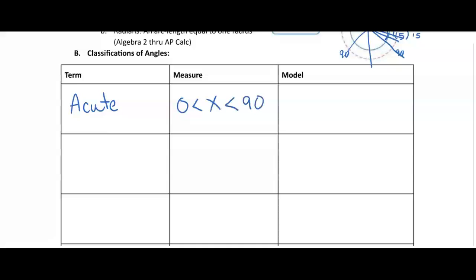So if we were to look at a little right angle marker, this is going to cut into that right angle marker. This right here could be an acute angle. Might help to highlight that this is the acute angle we're talking about here. We could also have an acute angle. It doesn't have to be lined up just like that. It could be more like this, and then that is my acute angle.